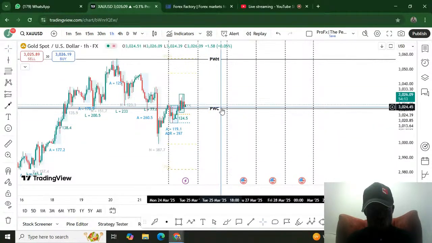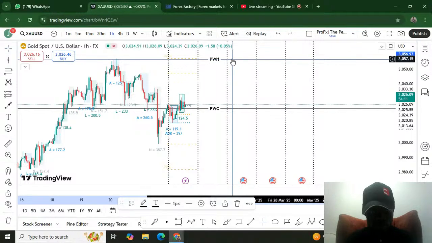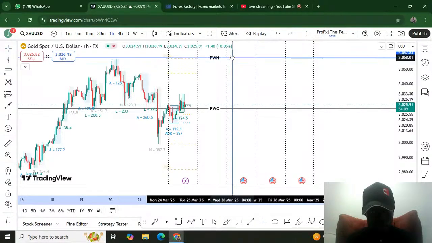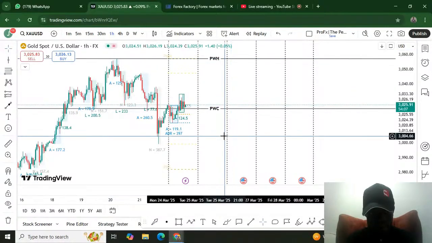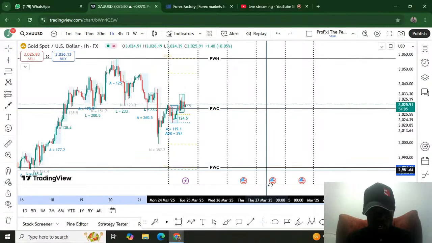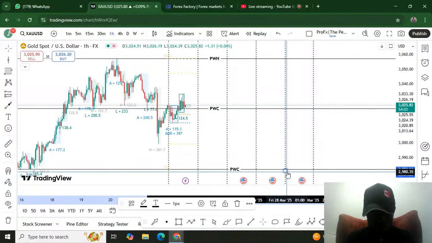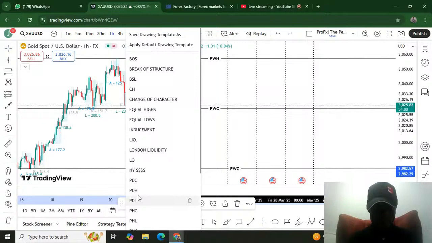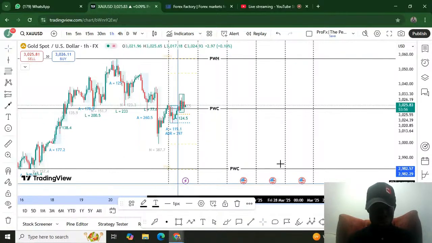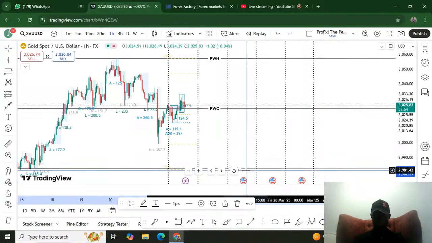So previous week close, right? Then we have the previous week low for our take profit target or for liquidity grab. Previous week low. Okay.